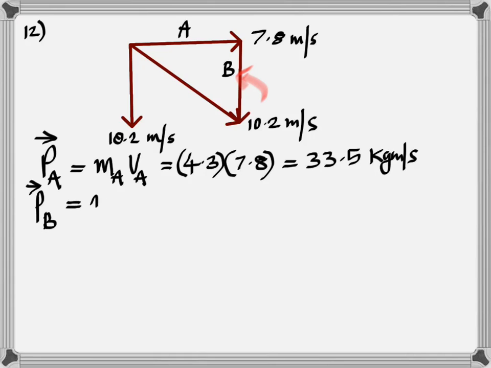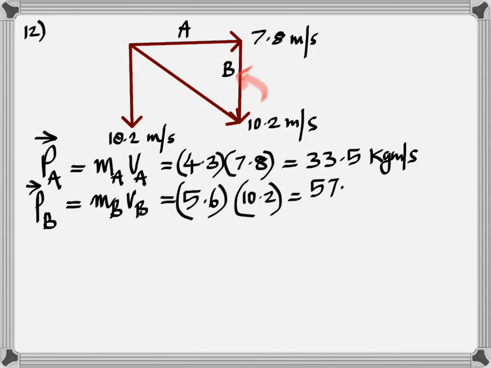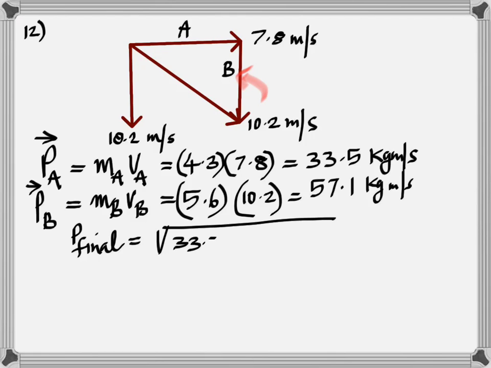And likewise the momentum of B, 57.1. To find the resultant, just square root of the sum of the squares of both of them.